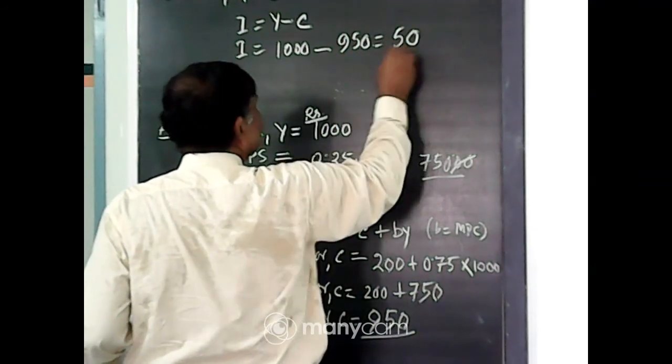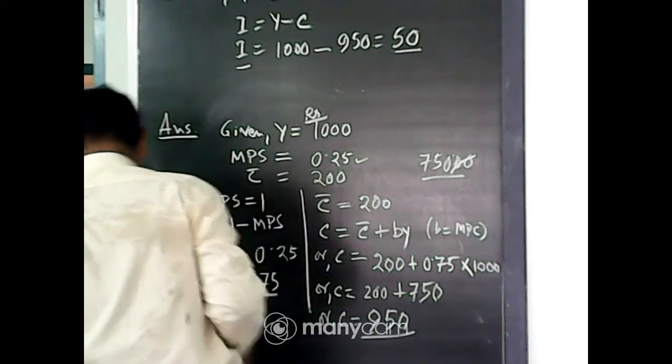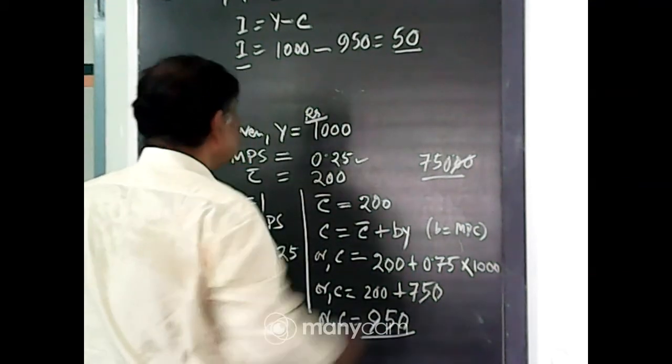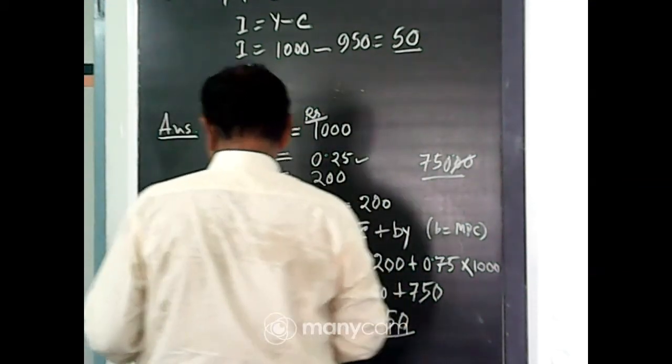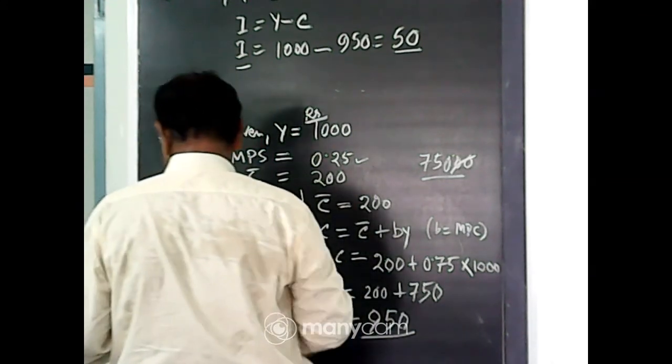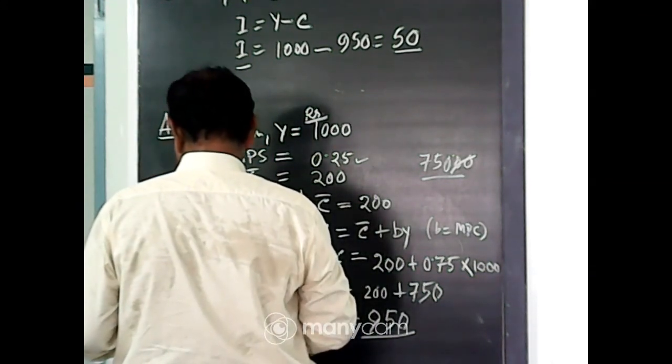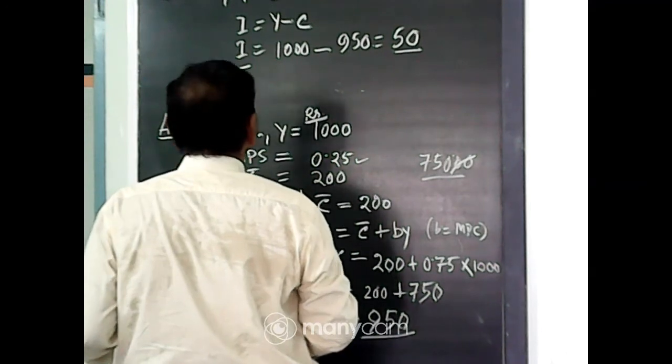I is equal to 50. This is the answer. Calculate investment expenditure from the following.